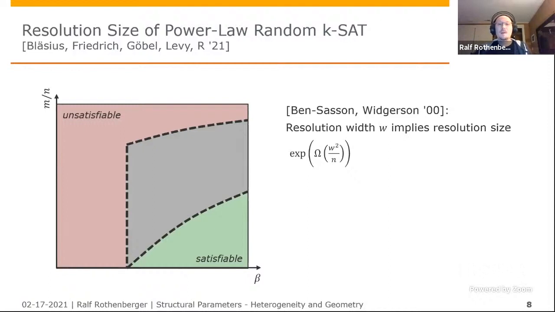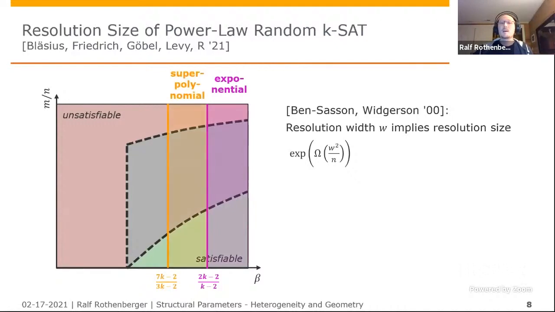And now we can complete this picture a bit by also having results on the resolution size. We have that if the power law exponent is large enough, above (2k-2)/(k-2), we have exponential resolution size. Above (7k-2)/(3k-2), we have at least super polynomial resolution size.